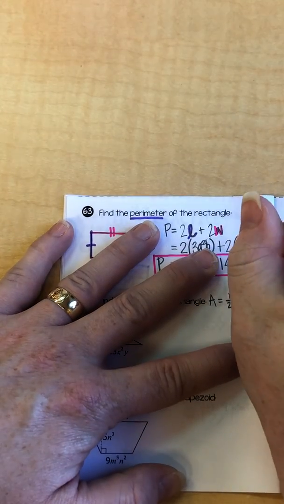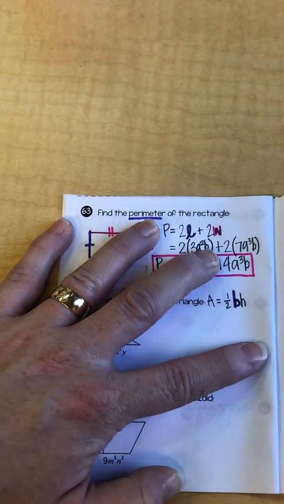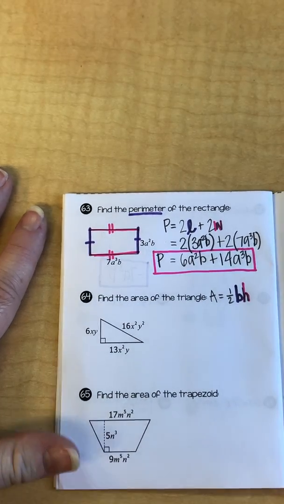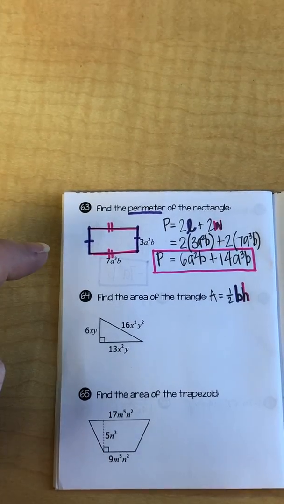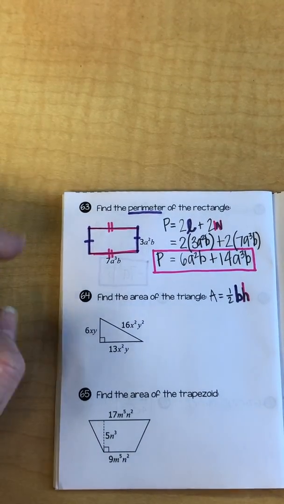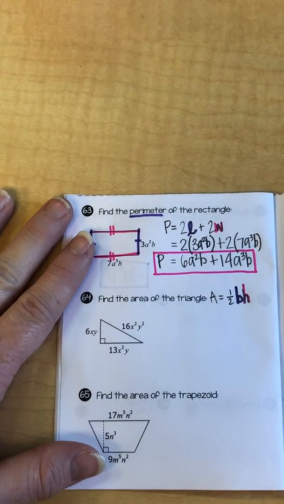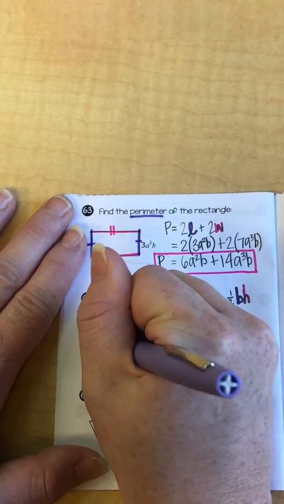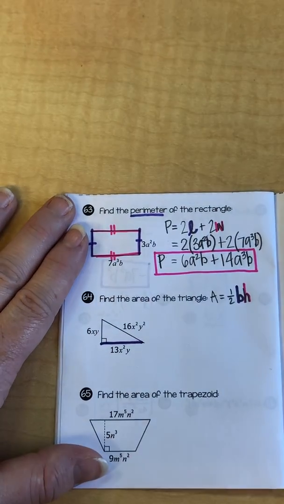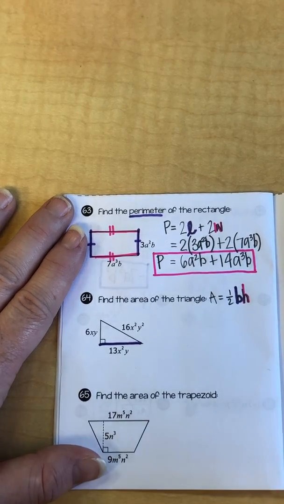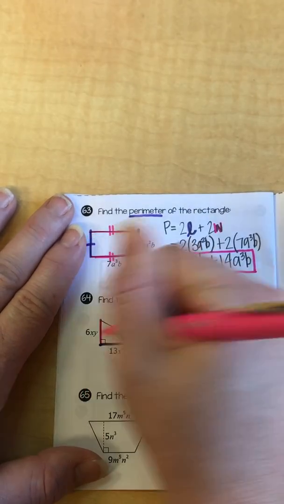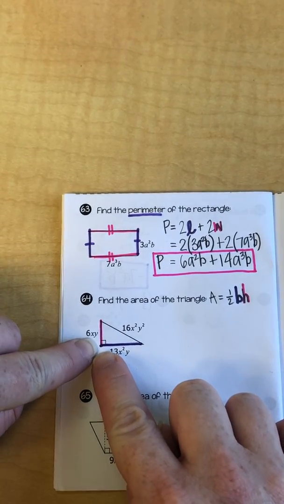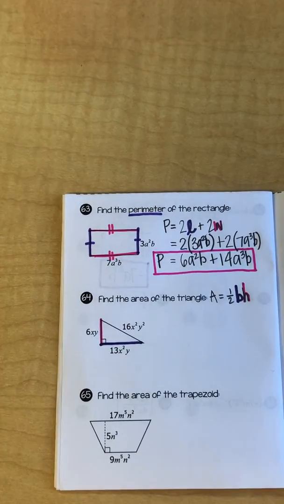I'm plugging into the base and I'm plugging into the height. I need to look very carefully for the 2 sides that form the right angle, okay? The base would be right here. I'm going to let 13x squared y be my base and 6xy be my height. Notice these 2 sides together form my right angle, okay?